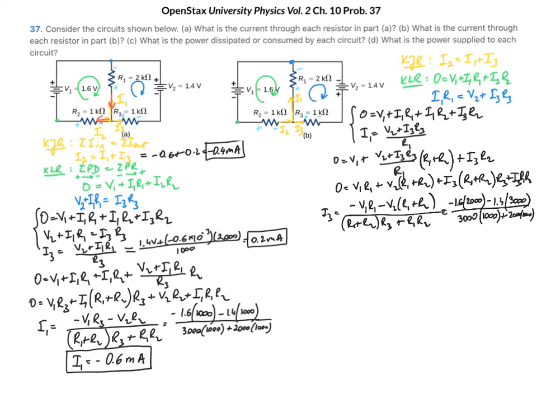And I have to really squeeze things in here. So now we get 1.48 amps, and those are negative.